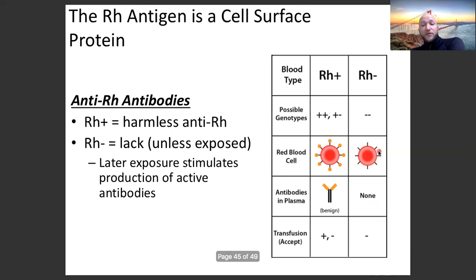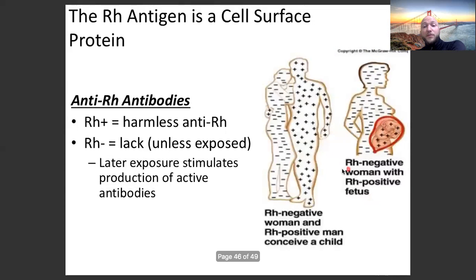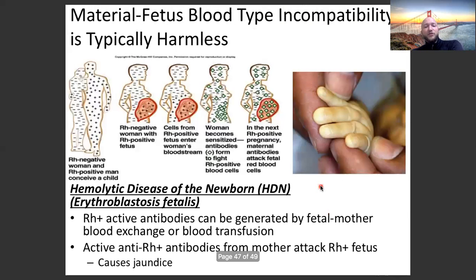So the mom during her first pregnancy will have none of these antibodies. The mom will be Rh negative. If the baby is Rh positive, she'll be exposed to these antigens and she'll produce an immune response. She'll start to produce Rh positive antibodies. And it's not an issue with the first pregnancy.